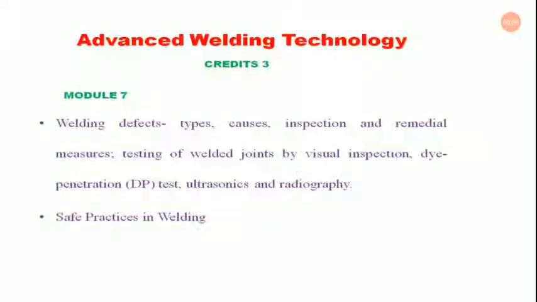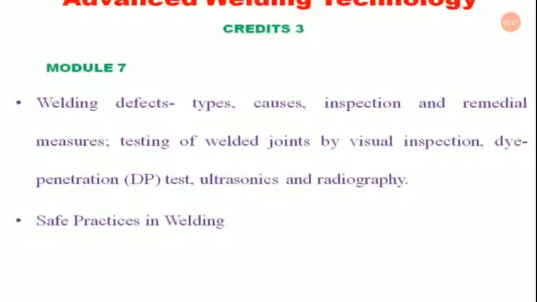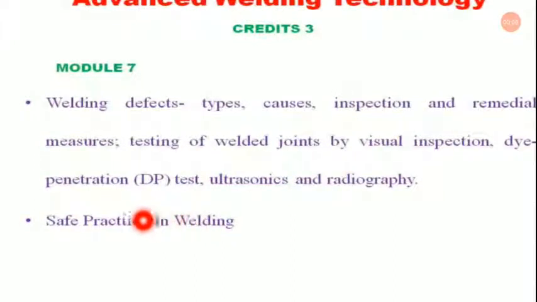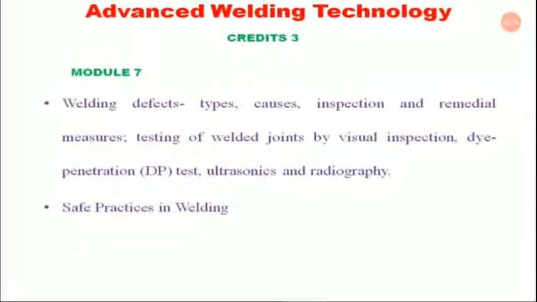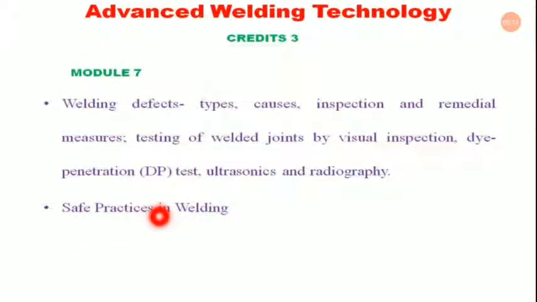We have arrived at the concluding heading of Module 7, which is also the concluding module of this Advanced Welding Technology course. Today we'll be discussing safe practices. What are the safe measures to be taken during the welding process?